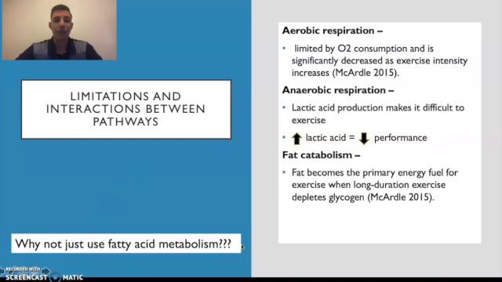That leads us to our last question of the day. Why not just use fat catabolism? Why not use fat as our primary source of fuel? That is because fat only becomes a primary energy fuel when long duration exercise has depleted glycogen stores.